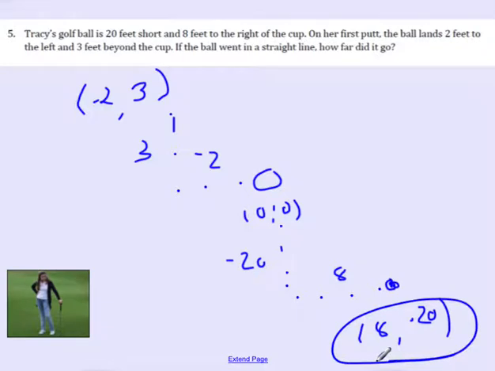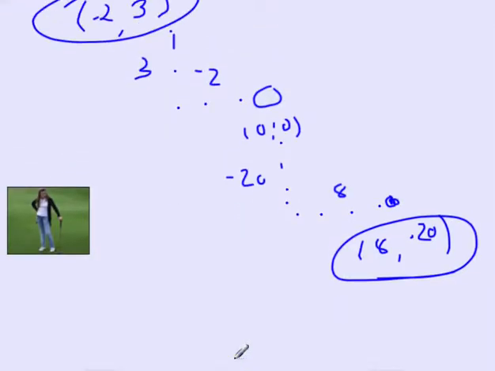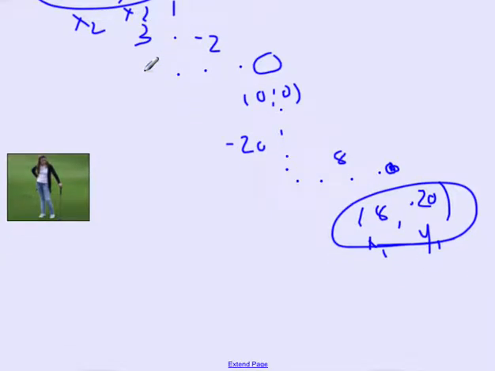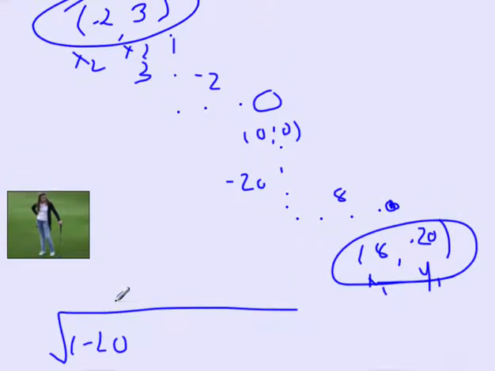So we want to calculate the distance between those 2 points. It doesn't matter which one you choose for x1, y1. Let's have this be x1, y1, x2, y2. So you're going to do the square root of x2 minus x1, that's going to become plus a positive, plus y2 minus y1.